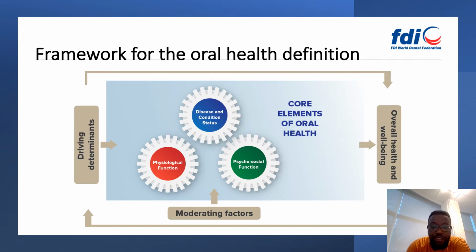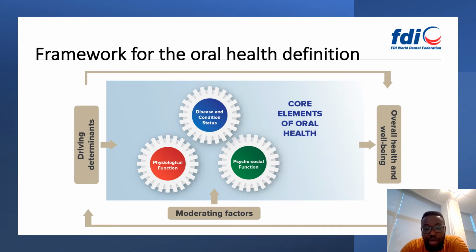So if you look carefully at this framework that is proposed by the World Dental Federation, you will see that there are three major attributes to oral health. So we are looking at the disease and condition status of the mouth and the person. Now we're looking at the psychosocial function.